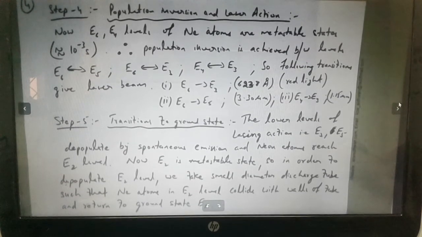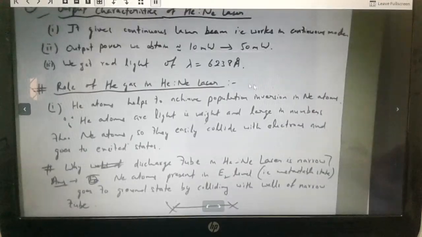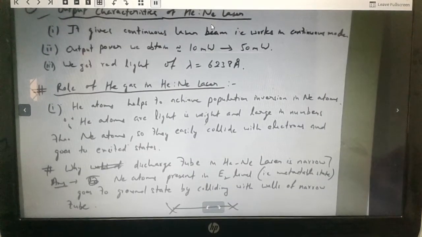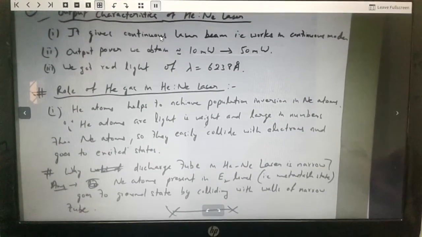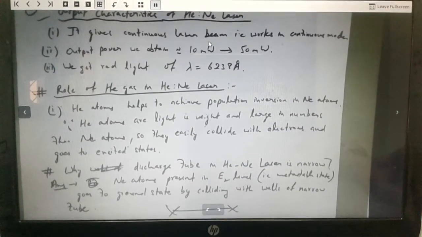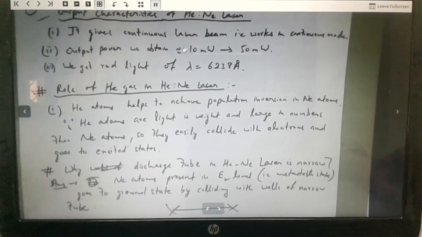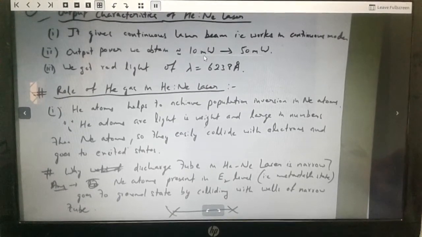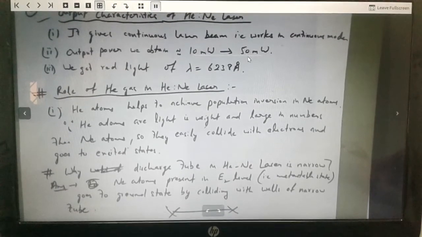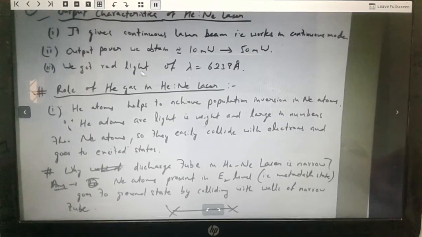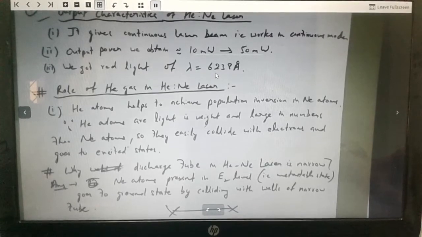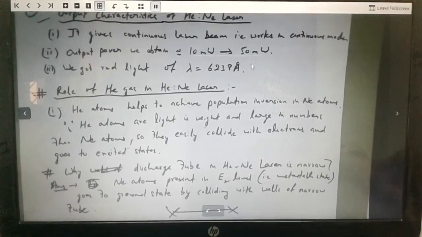So the output characteristics of the helium neon laser are, as I have said, it works in continuous mode, and output power we can achieve between 10 milliwatt to 50 milliwatt, and we get red light of wavelength 6238 angstrom.